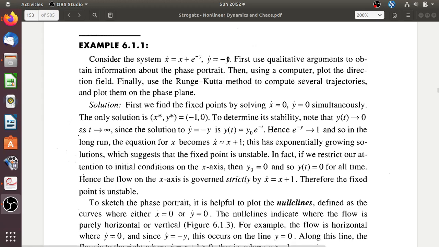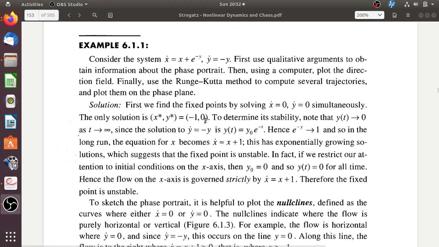If I substitute that value, which is 0, over here and equate x dot to 0, that will give me x is equal to -1. So my equilibrium point is (-1, 0), and that is the only solution.